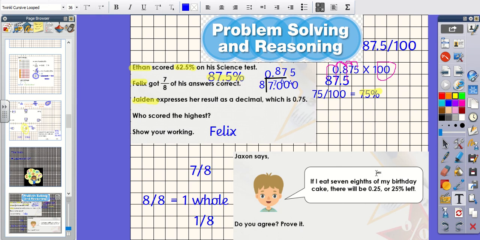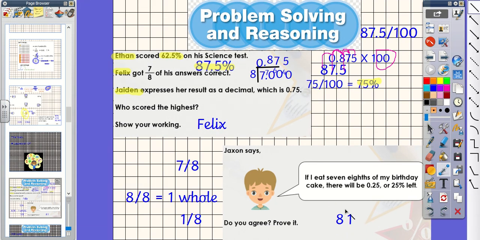So let's turn that into a decimal using short division. So remember, it's 1 divided by 8. So 1 is going to go inside my bus stop method. 8 is going to go on the outside. I'm going to draw my line.